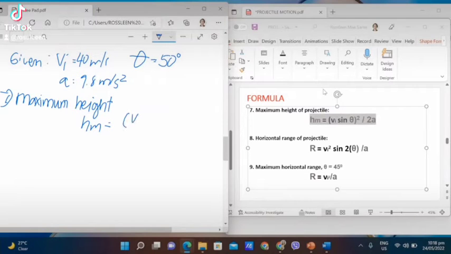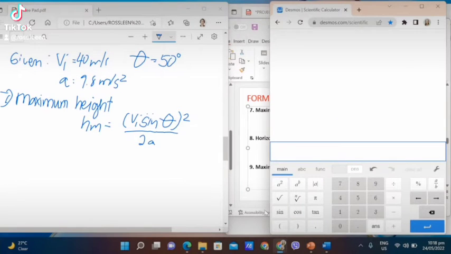It's not given in the problem, but knowing that it is a projectile motion, where gravity is involved, you have to use 9.8 meters per second squared. It depends on the problem if you should use the reverse sign, which is a negative sign, negative 9.8.